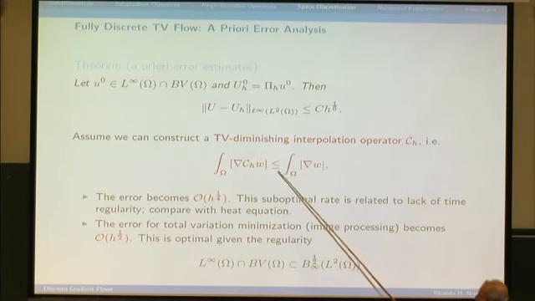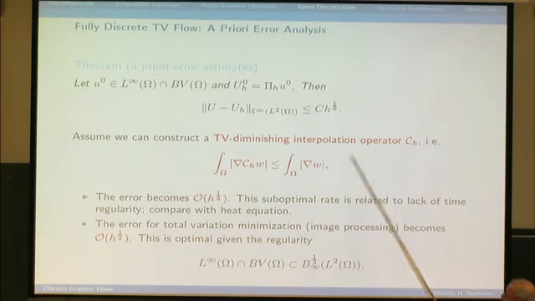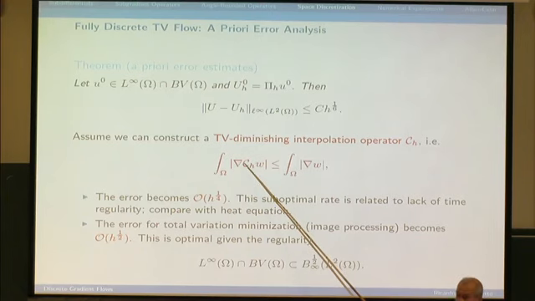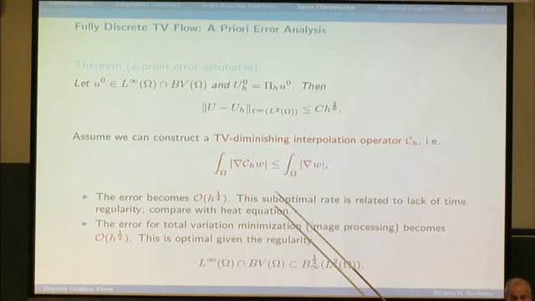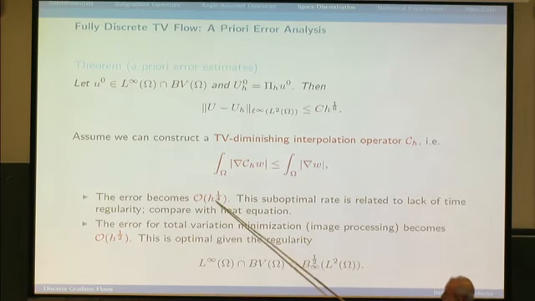If you happen to have a TV diminishing interpolation, meaning that given a W, you can construct an approximation of W whose TV norm is bounded by the TV norm of W, with constant 1, then this rate gets to the power 1/4. Again, by looking at the proof.